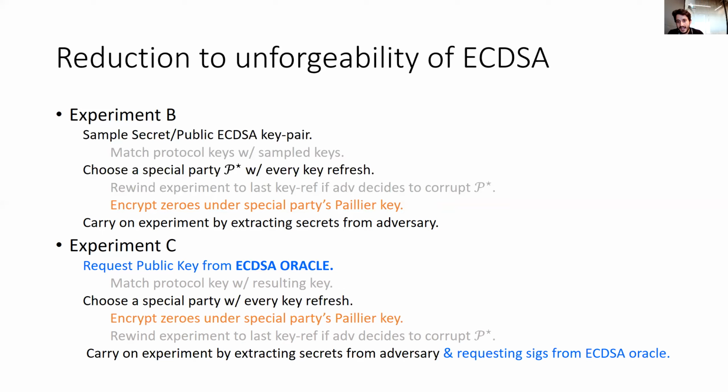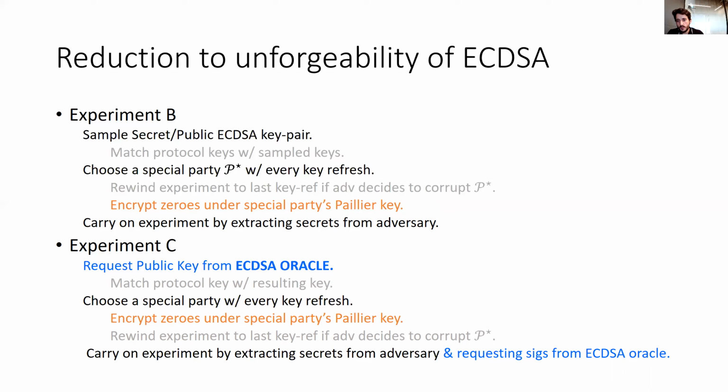The simulator has to request signatures from the oracle because, contrary to the previous experiments, in experiment C, the simulator doesn't know the underlying secret key, and it must use the oracle's answers and the adversary's secrets to compute the special party's messages.